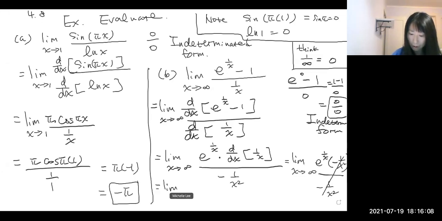I cannot follow that. So we have e to the 1 over x. Now we know that e to the 1 over x, when x approaches positive infinity, that is e to the 0, right?